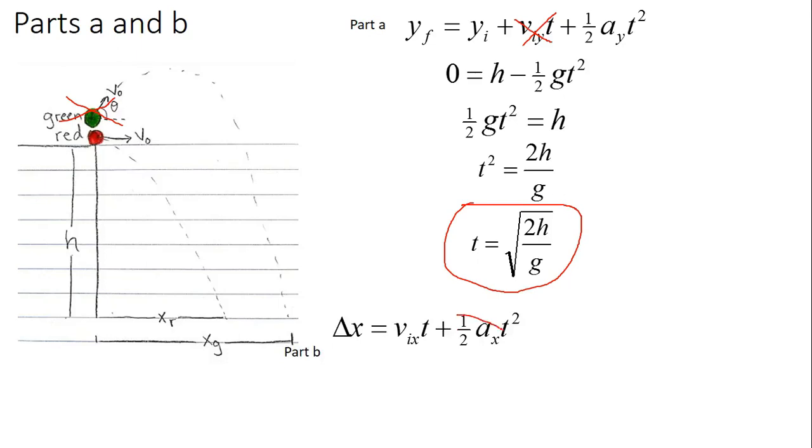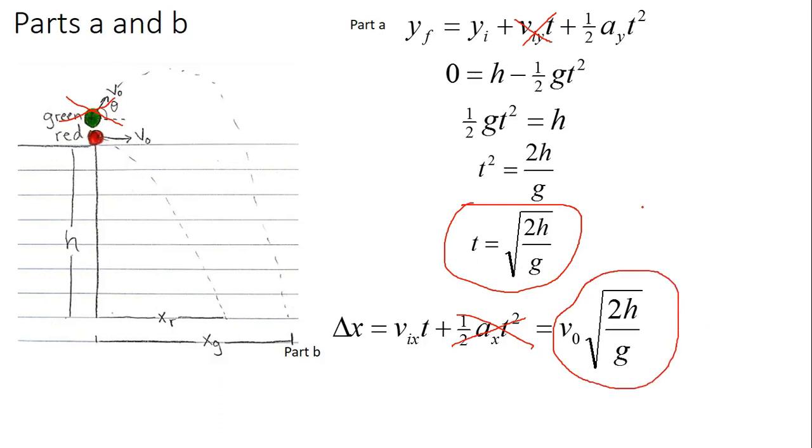So this whole last term will go away because there's no acceleration in the x direction, so it's really easy. It'll just be v naught, which is the velocity in the x direction, times the time, which we got from part A. So this is my final answer to part B.